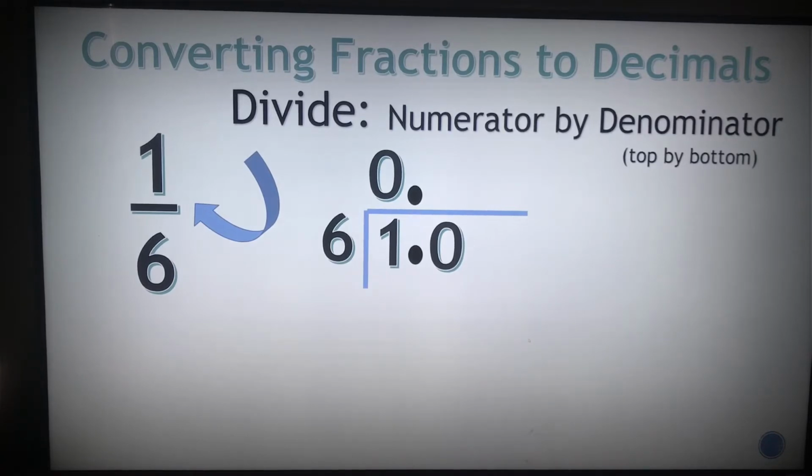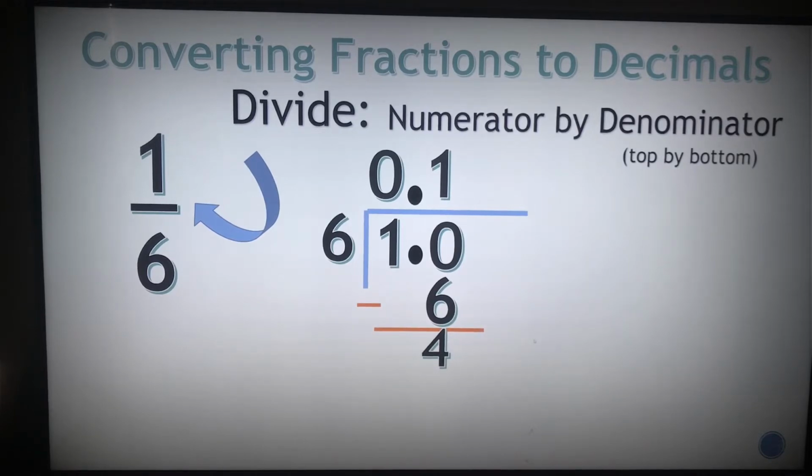But that allows me now to ask, how many times does 6 go into 10? 6 goes into 10 one time. What is 6 times 1? 6. So I subtract 6 from 10. That leaves me with 4. Now, in the past, we had remainders.